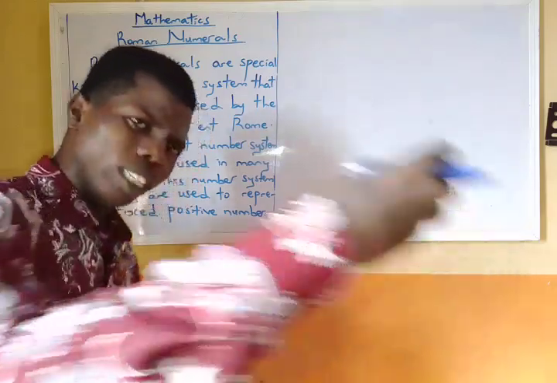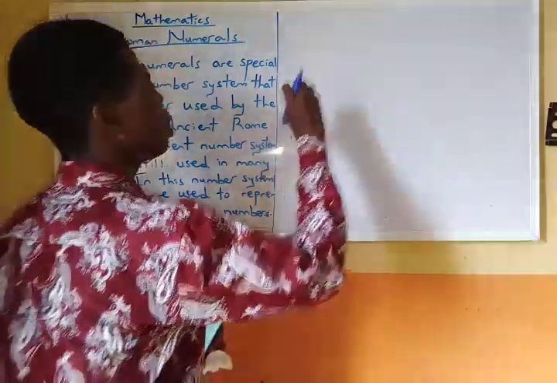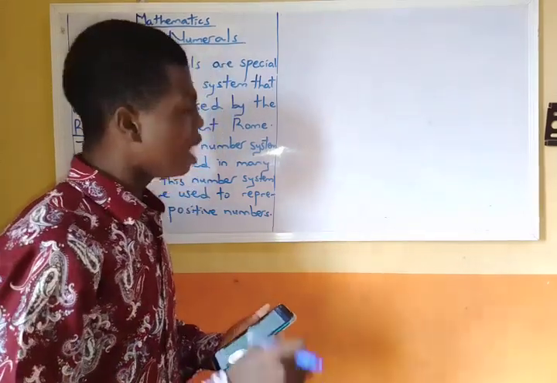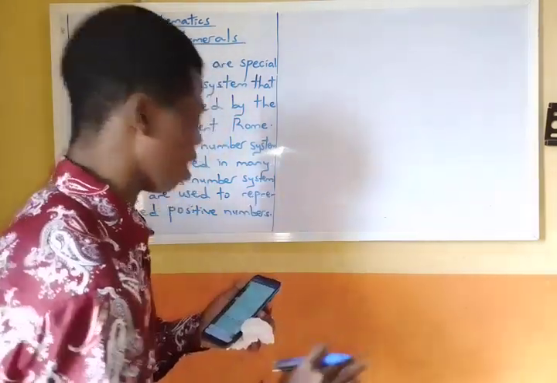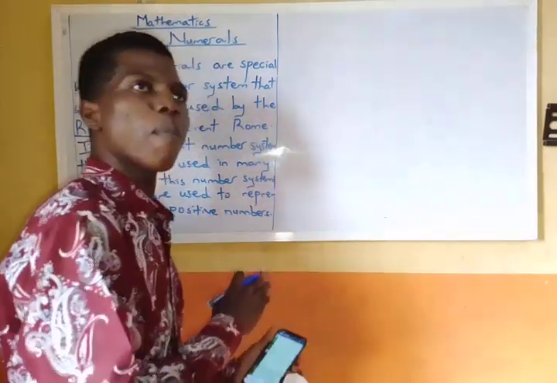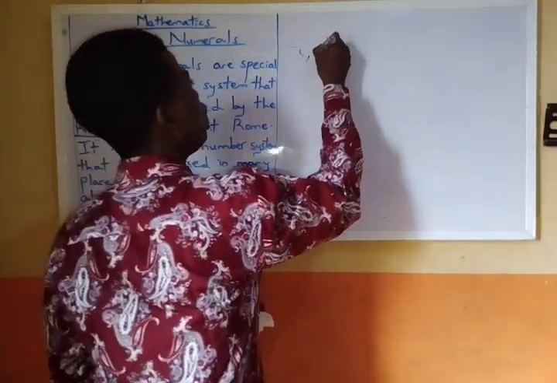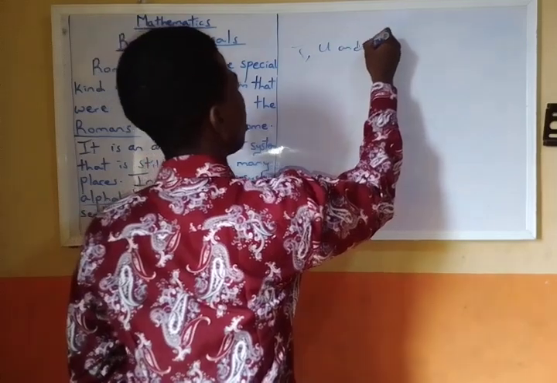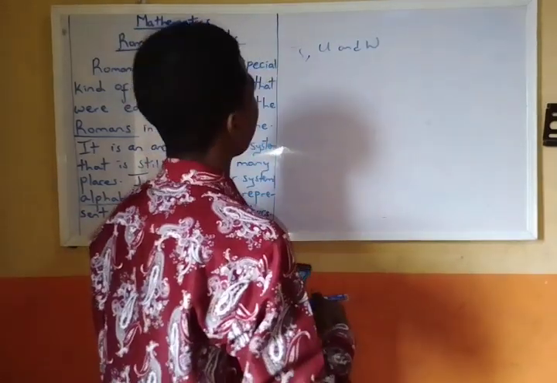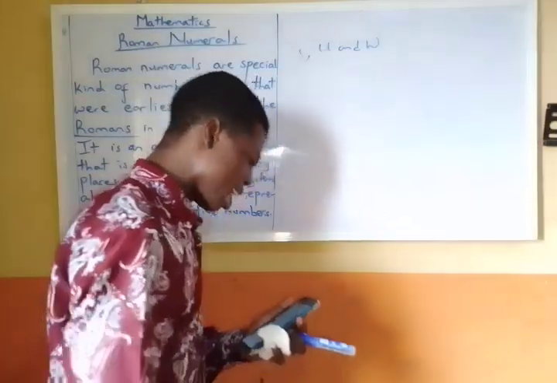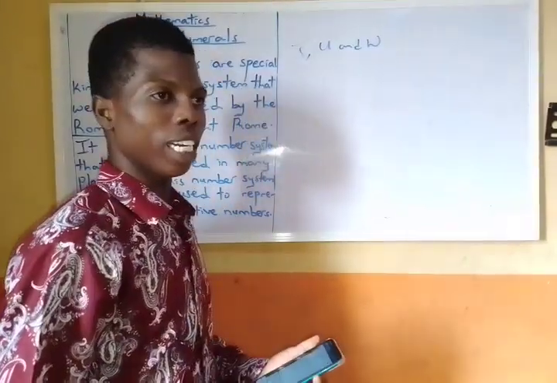Out of these 26 English alphabets, 23 of them are Roman alphabets. There are just 3 letters that are not Roman alphabets, but they are English alphabets. That's J, U, and W.